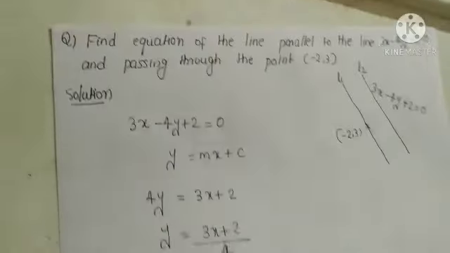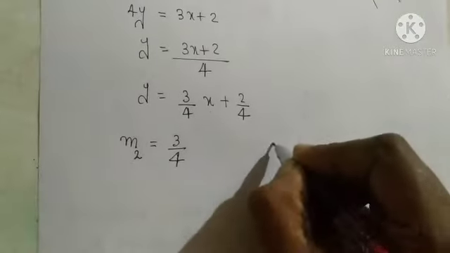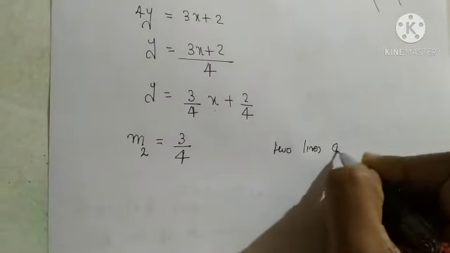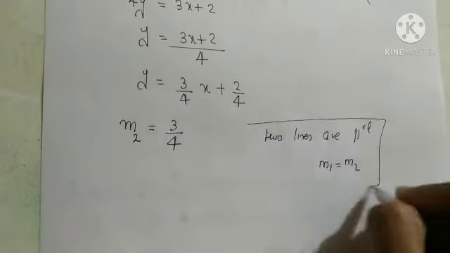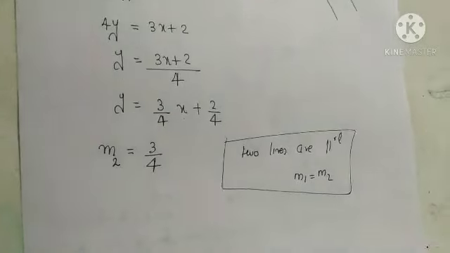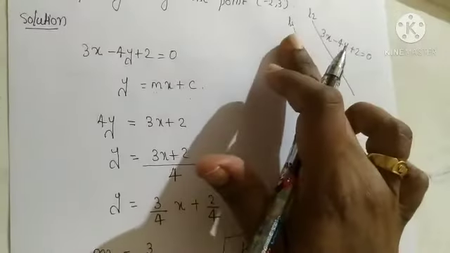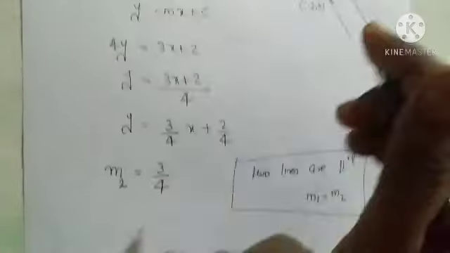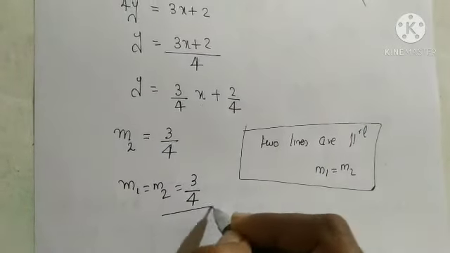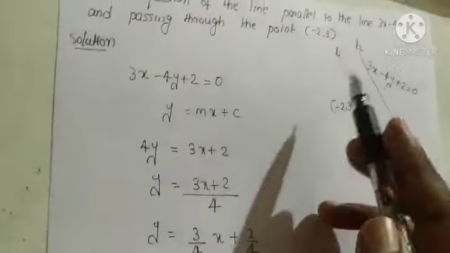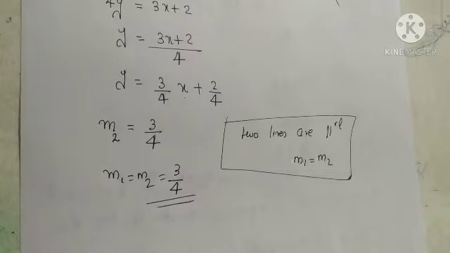And given that these two lines are parallel, and we know that if two lines are parallel, their slopes are equal. So from this data we get slope of L1 is equal to slope of L2. That means M1 equal to M2 equal to 3 by 4. Okay, so we get slope of line L1 as 3 by 4.